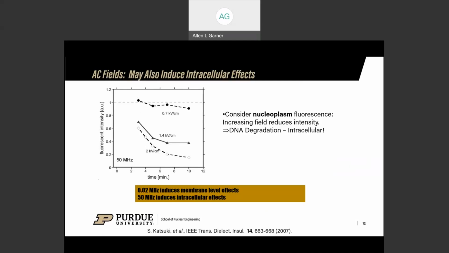And in between, around that 2 megahertz, you're getting a little bit of both. So AC fields at these RF type levels, tens of kilohertz to tens of megahertz, get membrane charging. You go up to higher frequencies, you're getting heating effects, or as I'll show later, potential temperature gradient.